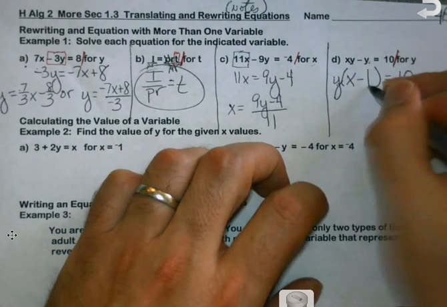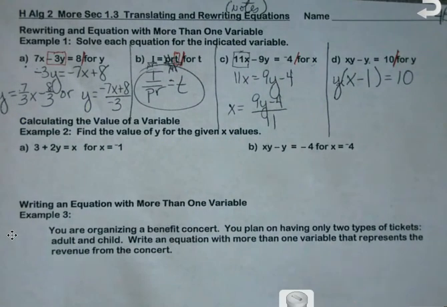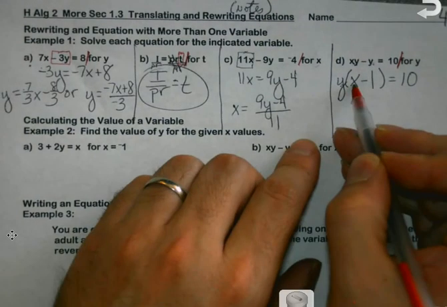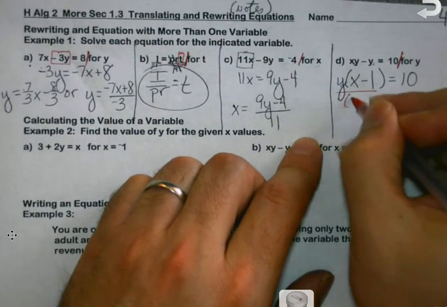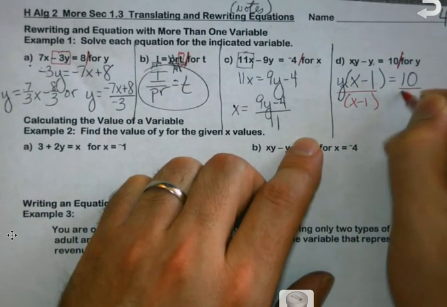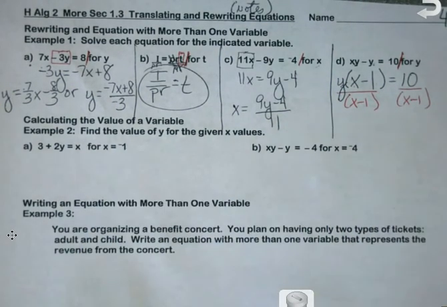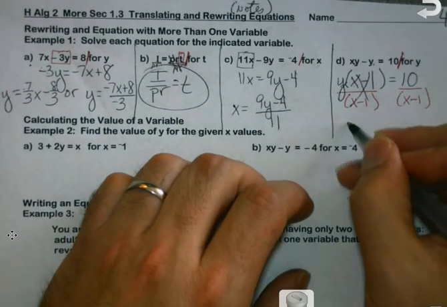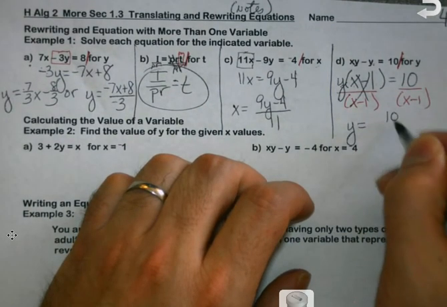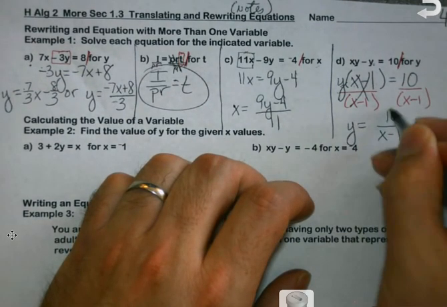Negative 1. All of a sudden now there's only one y there. Good for us because we needed it that way. So now to solve for y, it's just one step. I need to divide by this quantity of x minus 1. And I'm set.